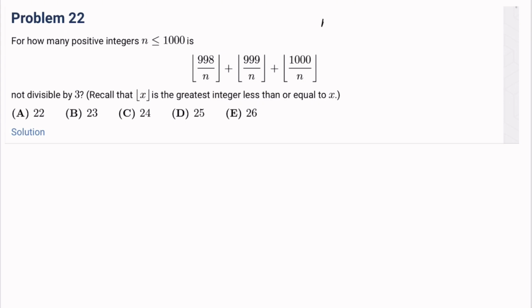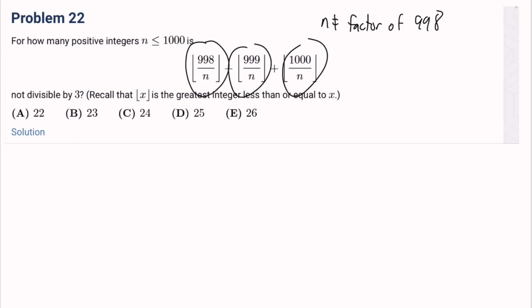The first is that n cannot be a factor of 998, right? Because if n was a factor of 998, then these three would all be the same value, right?